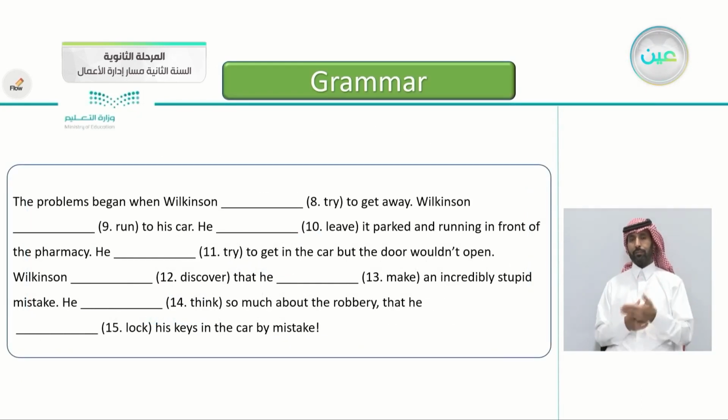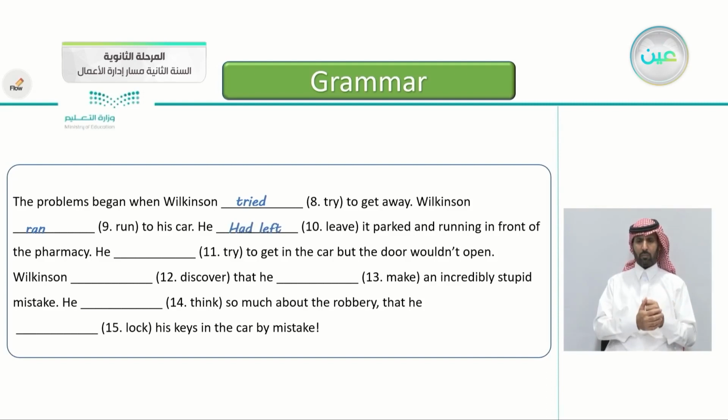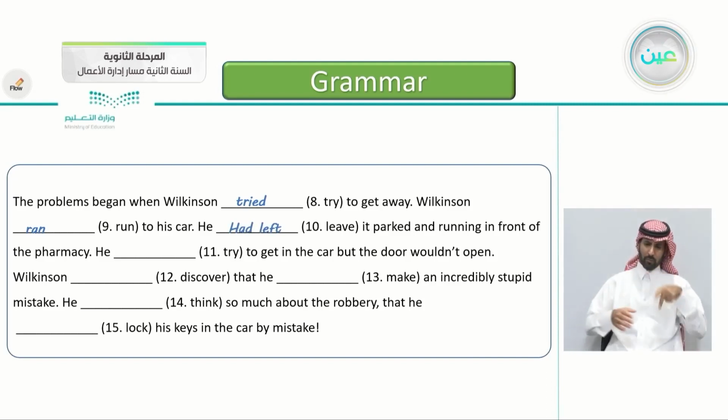Continuing, the problems began when Wilkinson tried to get away. Wilkinson ran to his car. Very good. Ran to his car. He had left it parked and running in front of the pharmacy. That's correct. He tried to get into the car, but the door wouldn't open.